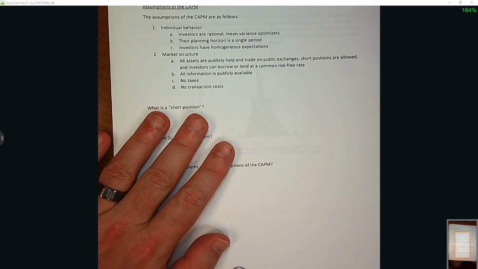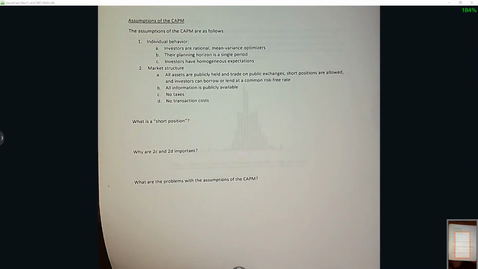Let's move on to the assumptions of the capital asset pricing model. So like I said, this model was developed in the 1960s. The push for the model was to have a computationally easier way to calculate the weights of different assets in a portfolio. We do that with the Markowitz optimization. However, back in that time, you didn't have computers.